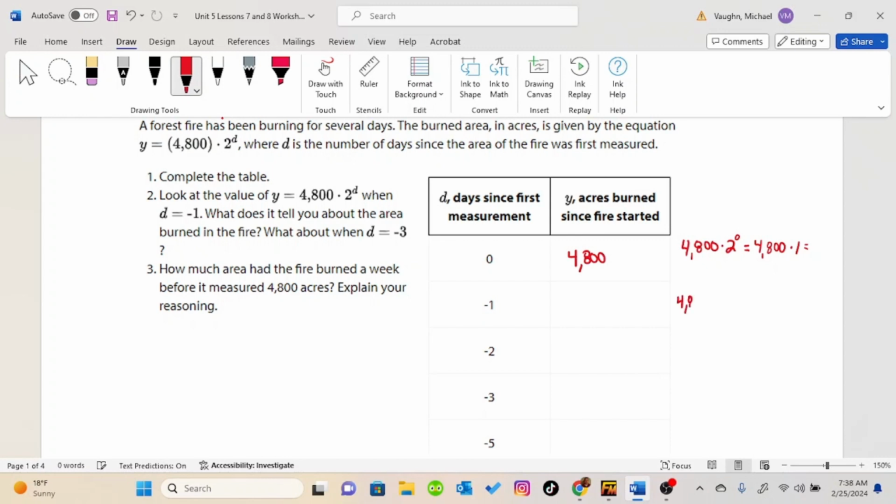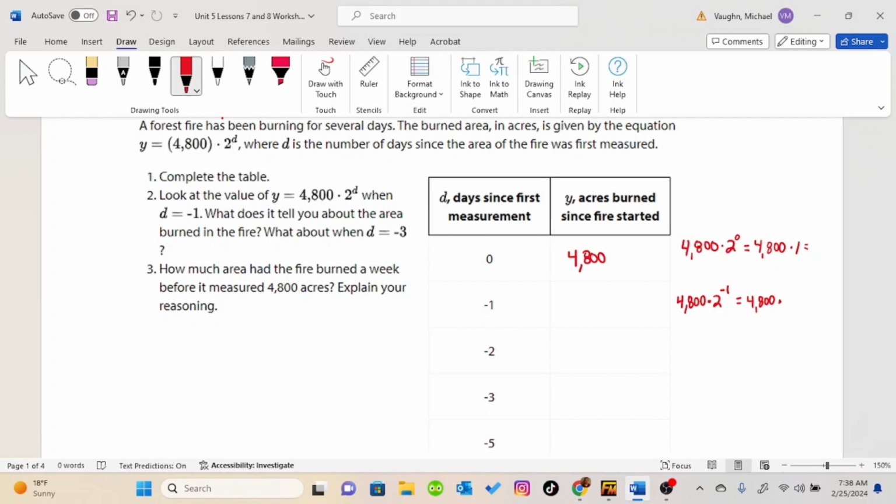If we have 4,800 times 2 to the power of negative 1, a negative exponent means 1 over.